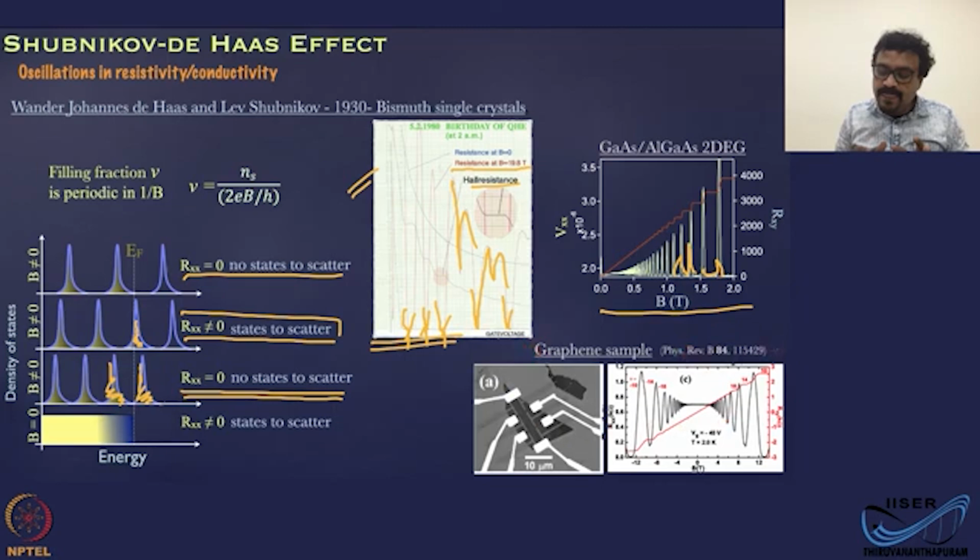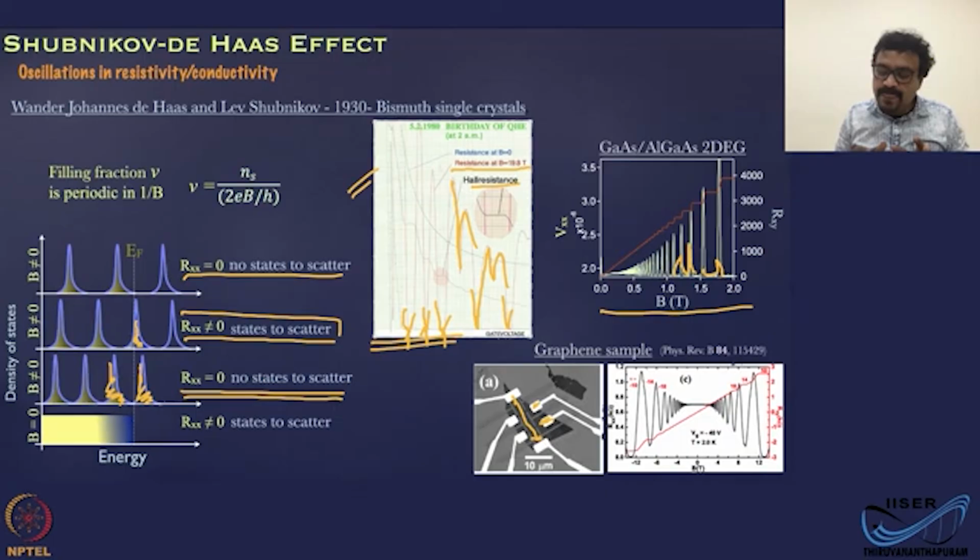When you measure the resistance, the linear resistance or Rxx, that is, if you pump current from here to here, and you are measuring the resistance between any two probes in the direction of propagation of the current, then you will measure this black curve here, which has an oscillative behavior.